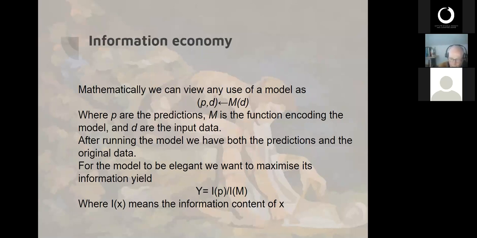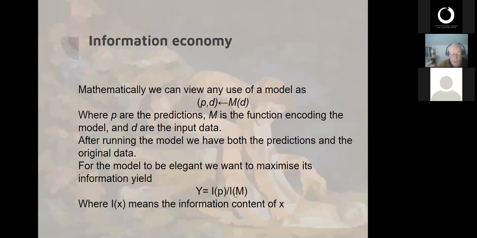Now, I'm going to use the word elegant in the sense that the mathematical philosopher Chaitin uses it. He says that for a model to be elegant, you want to maximize its information yield. The information yield is the information content of the predictions divided by the information content of the model.